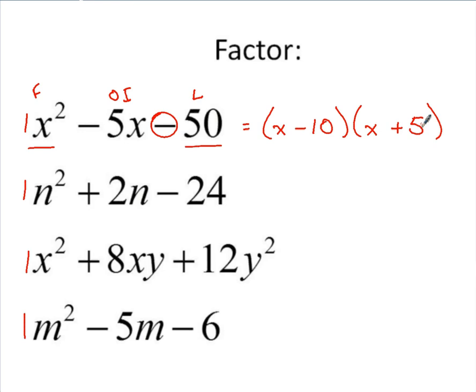So that checks out. But then ultimately how it checks out again, take x times positive 5, take negative 10 times x. You got a negative 10x, you got a positive 5x. That goes back to give you that negative 5x there. So there's your factorization. It's really nice when you got a 1 in the lead position.